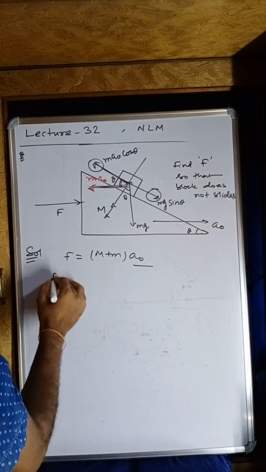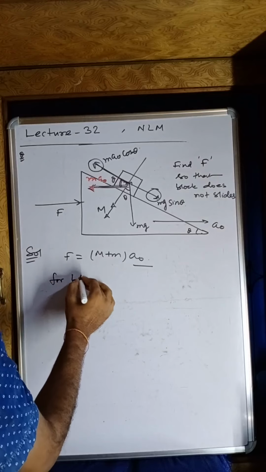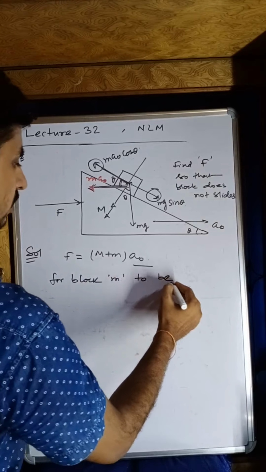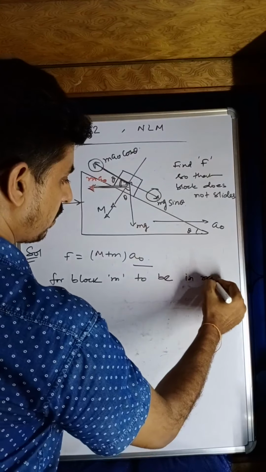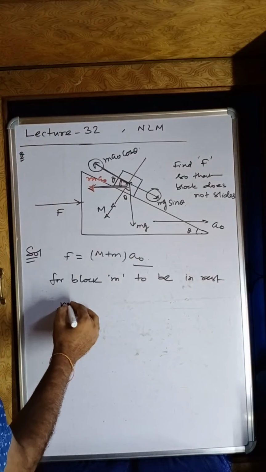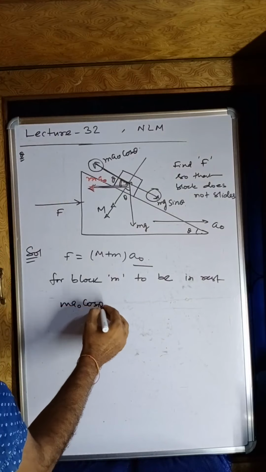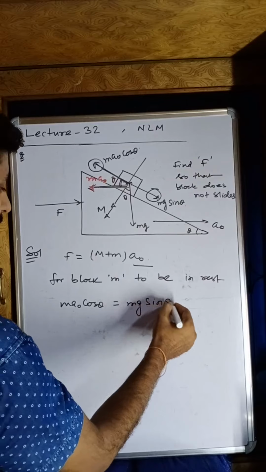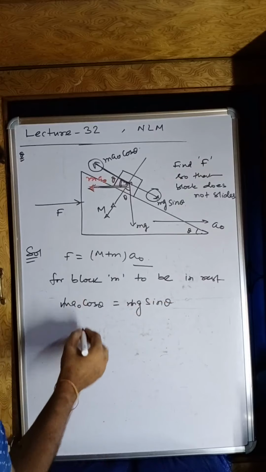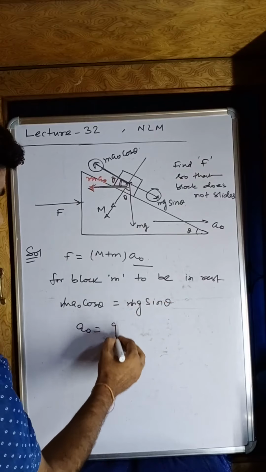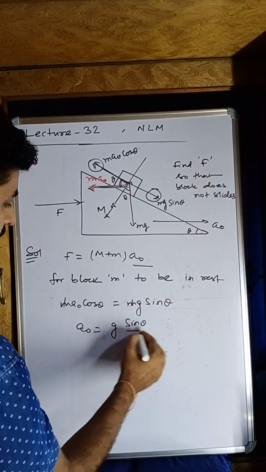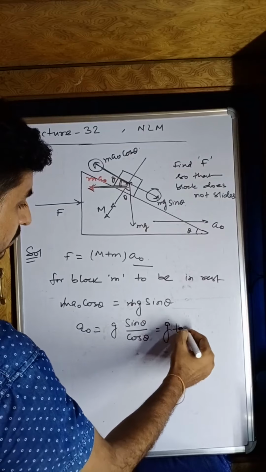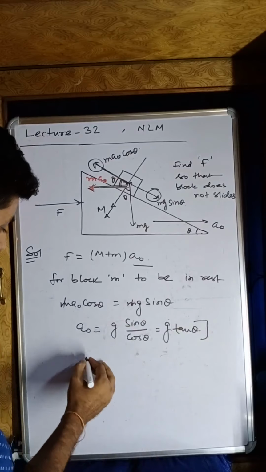So for block M to be at rest, m a0 cos theta should be equal to mg sin theta. m will be cancelled out, and a0 is g sin theta by cos theta, that is g tan theta.